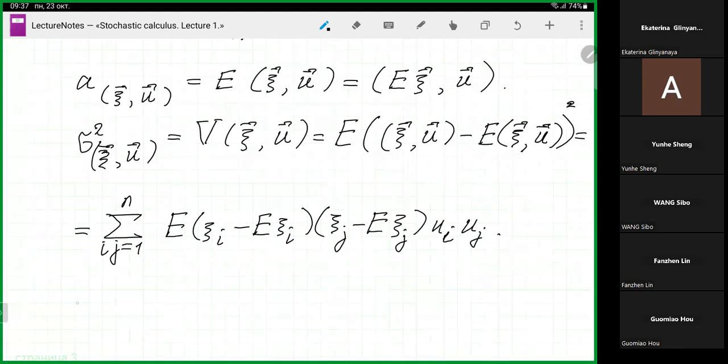Then we see that this is just the quadratic form generated by the covariance matrix.